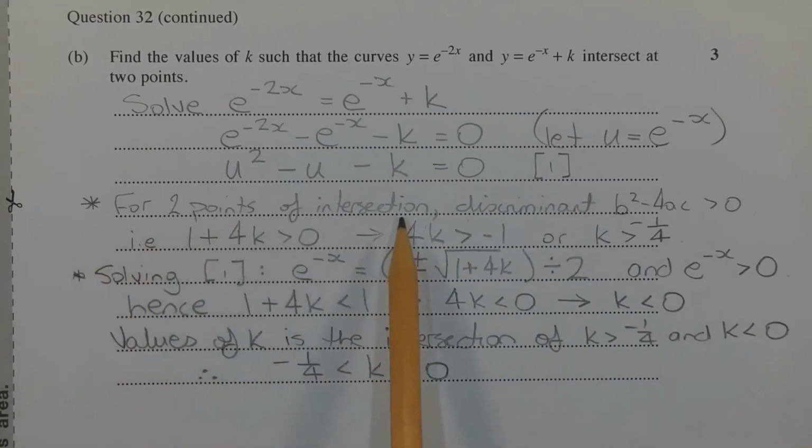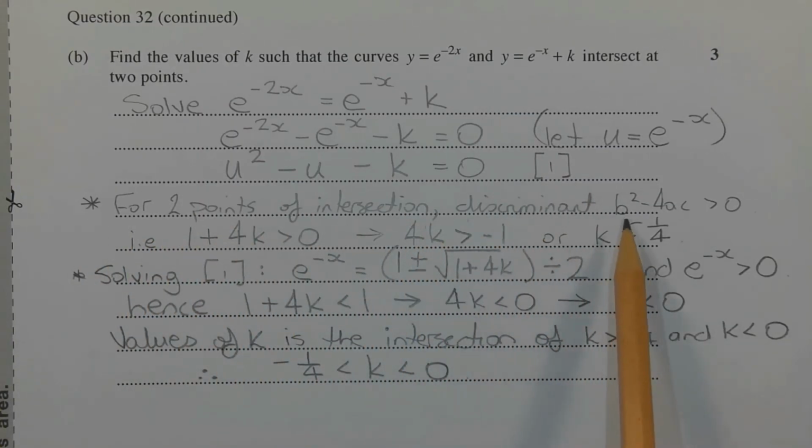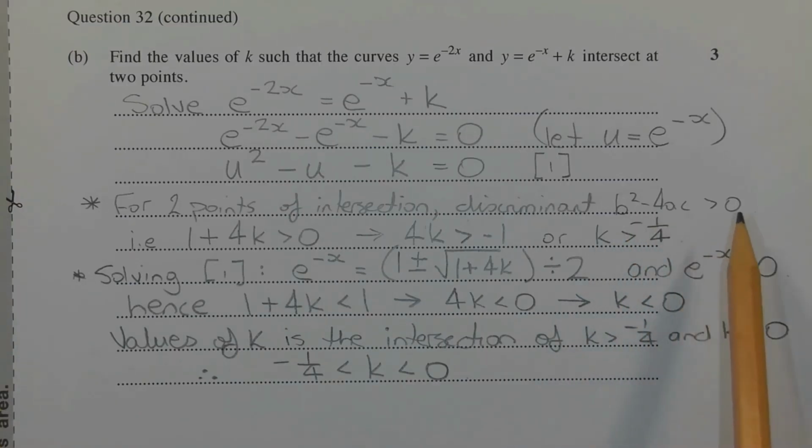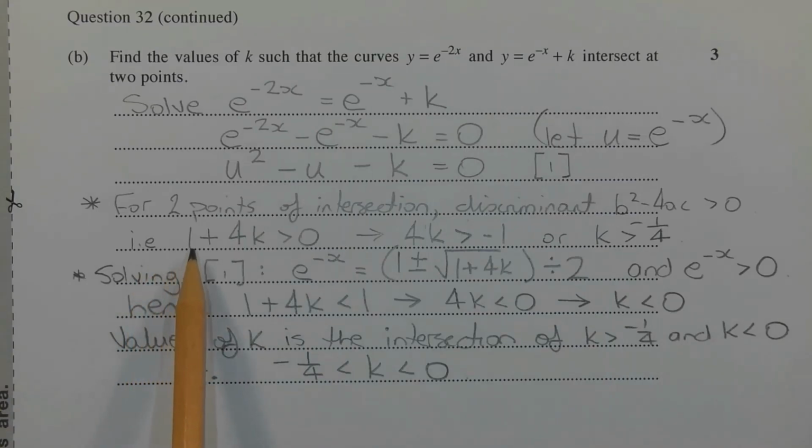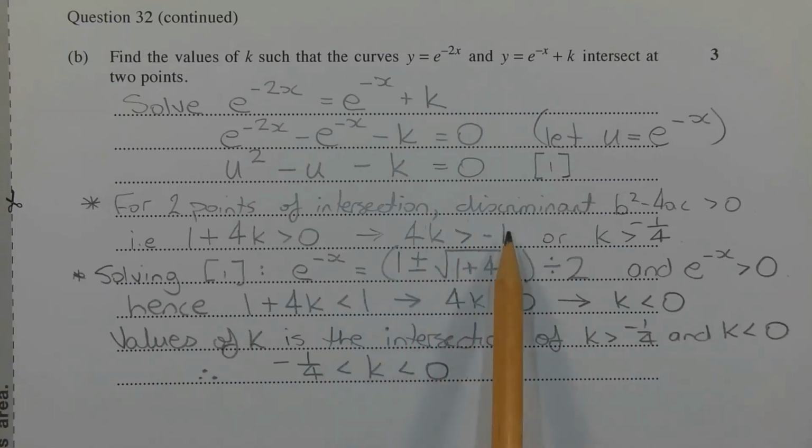Now, for 2 points of intersection, the discriminant b squared minus 4ac has to be greater than 0. So in other words, 1 plus 4k must be greater than 0. Solving this inequality for k, we get 4k is greater than negative 1. Dividing both sides of the inequality by 4, we get k is greater than negative 1 over 4.